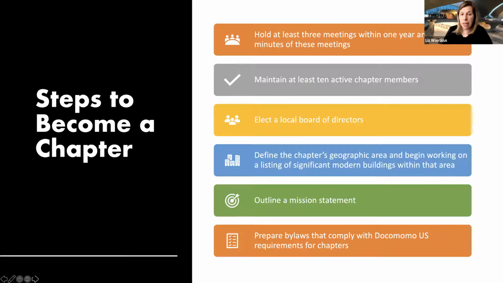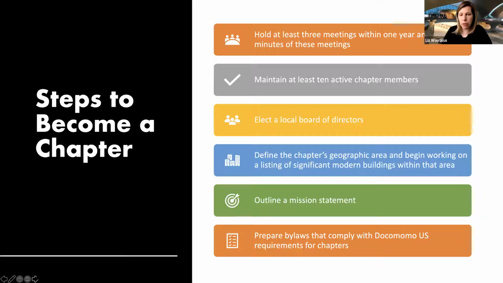We do have a set of bylaws that we would share with you to use as a draft. We also, I believe, have bylaws from some of our other chapters to see how they have modified them. So those are the main steps of becoming a chapter.